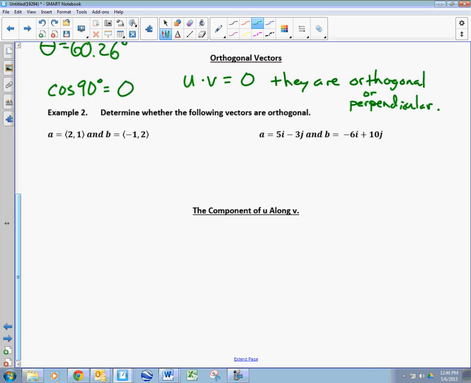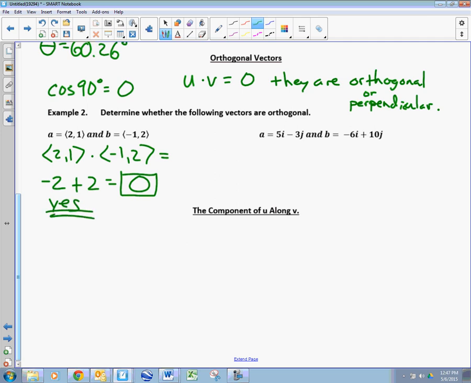Determine whether the following vectors are orthogonal. Well, all I have to do is do the dot product. And if I come up with 0, then they are orthogonal. So, 2, 1 times negative 1, 2 is 2 times negative 1, plus 1 times 2, and I get 0. Are they orthogonal?